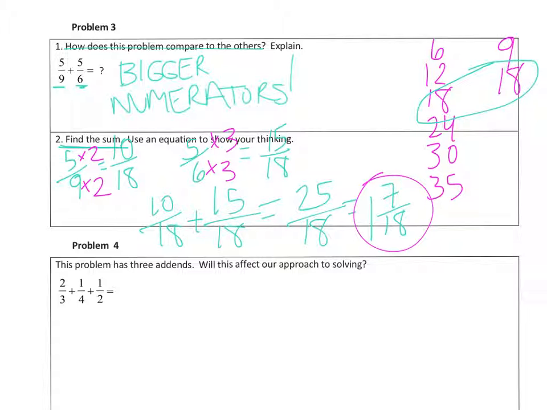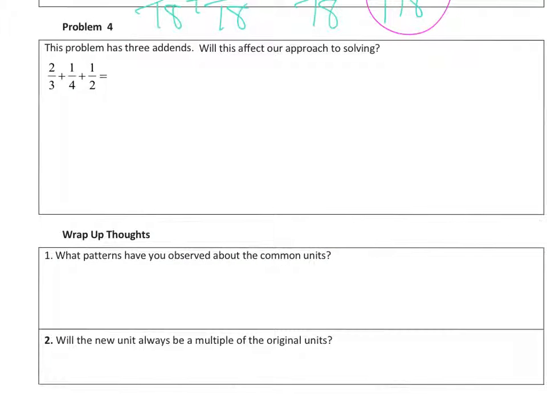Let's try the last problem, please. Now look at this last problem. It's got 3 addends: thirds, fourths, and halves. So how's this going to affect our approach to solving? Well, we're going to have to turn them into a new unit that 3, 4, and 2 can all go into. So let's see. We'll start with 2s: 2, 4, 6, 8.